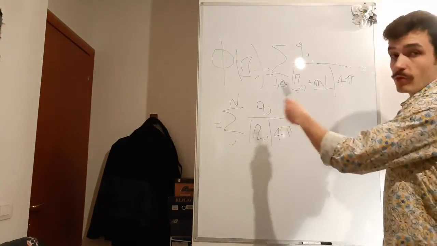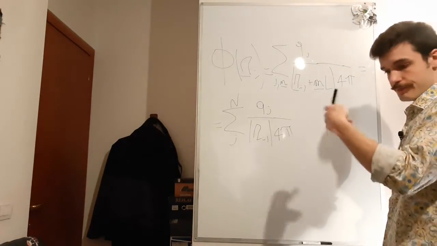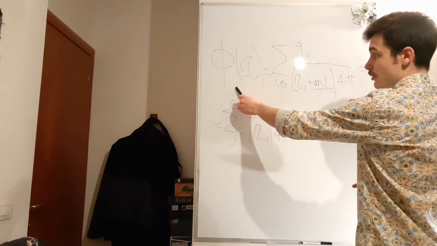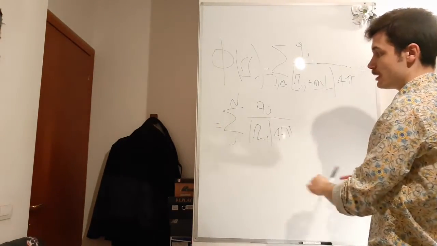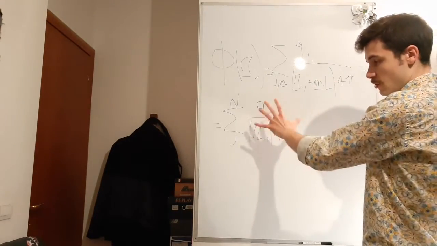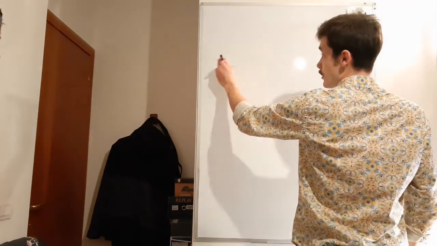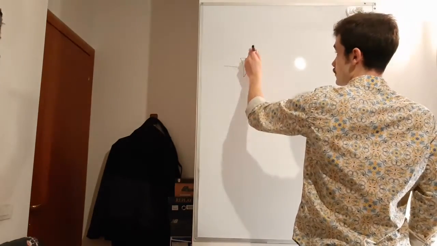Then we will of course have to put a correction for it. So how are we actually going to calculate this? Now that we know that it's periodic and we more or less know how it should be built, very, very easy. We are going to use the Poisson equation.